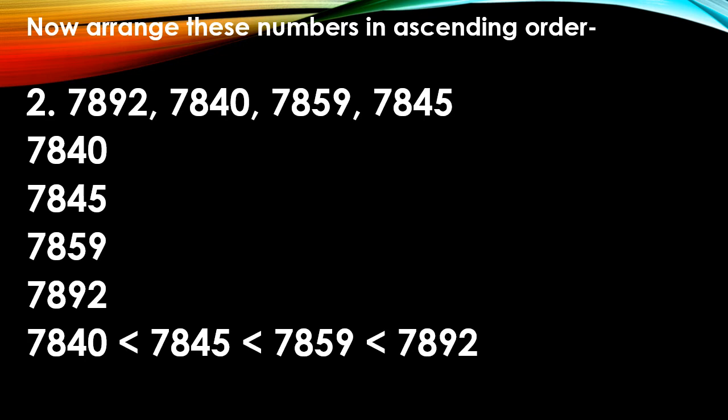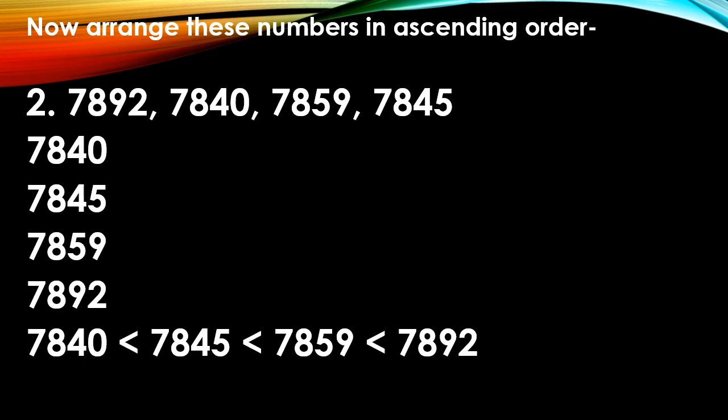As we have to arrange in ascending order, we have to look for the smallest number. Let's start from the highest place again, which is thousands. Here, we observe that all the numbers have 7 at thousands place. So, all the numbers are equal at thousands place.